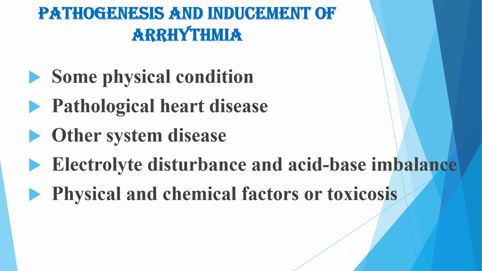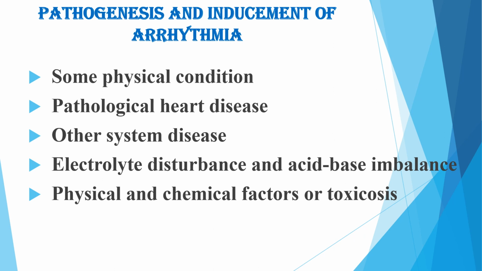What are the pathogenesis and inducements of arrhythmia, or which are the situations or causes of this arrhythmia? First of all, some physical conditions, maybe when we are doing exercise or any strenuous activities. In such situations the heart is supposed to work more, and that leads to arrhythmia.